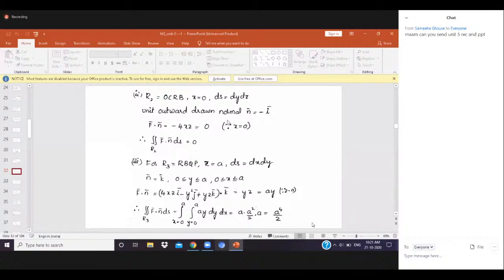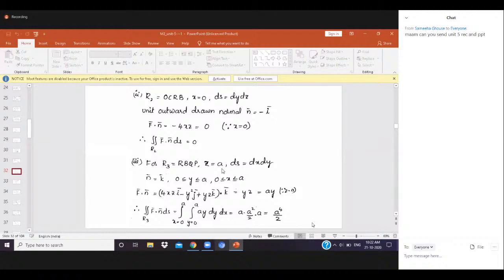The unit outward drawn normal is minus i bar here, but the x value from the origin is 0, so it becomes 0 length, so that is 0.